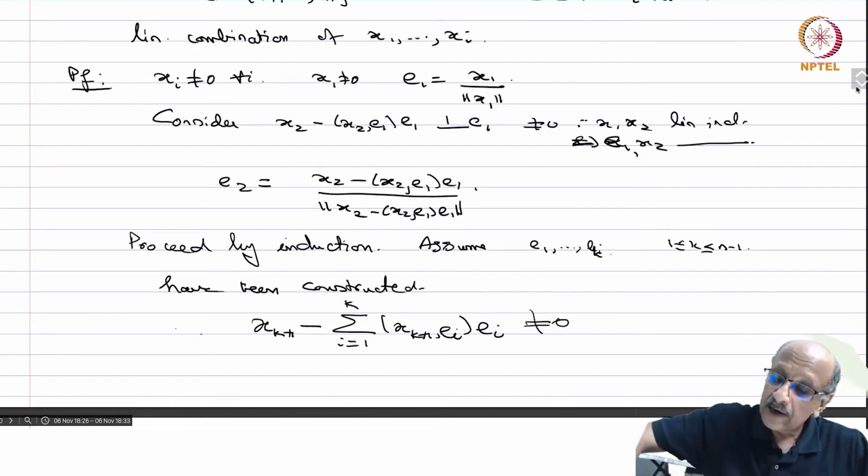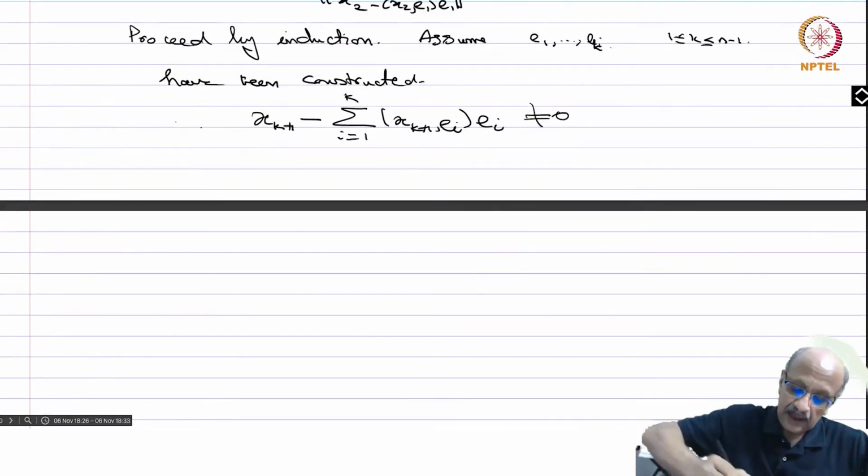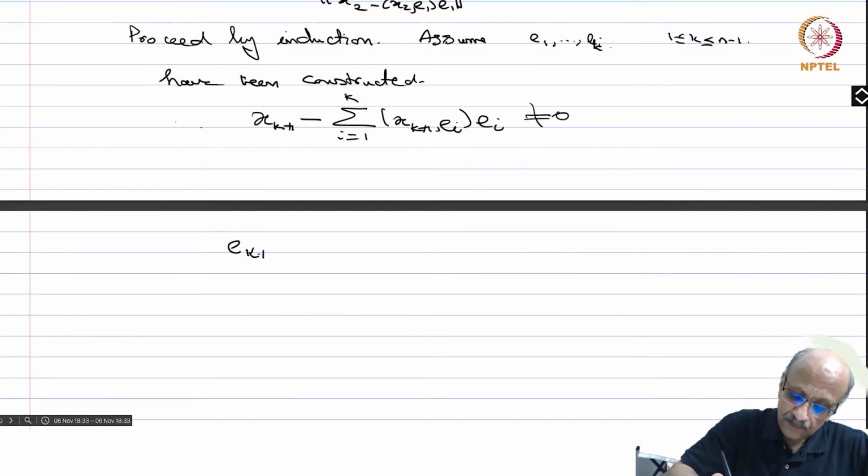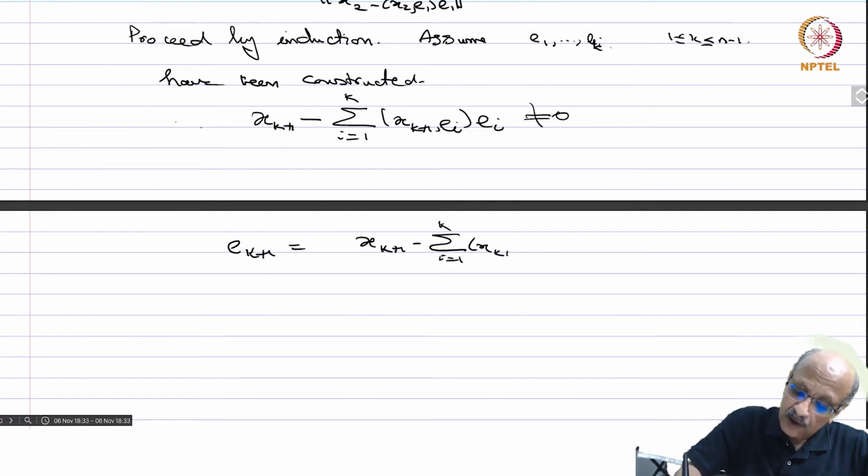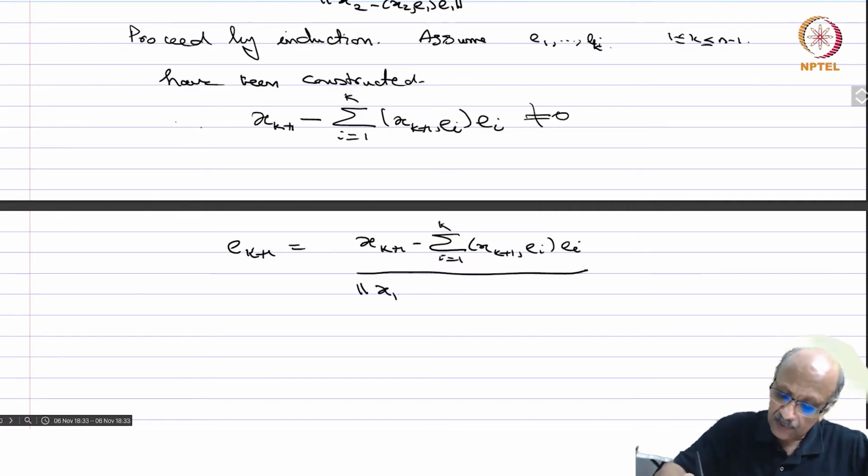So therefore I can now define E(k+1) equals x(k+1) minus the sum from i equals 1 to k of <x(k+1), Ei>Ei, divided by the norm of x(k+1) minus the sum from i equals 1 to k of <x(k+1), Ei>Ei.